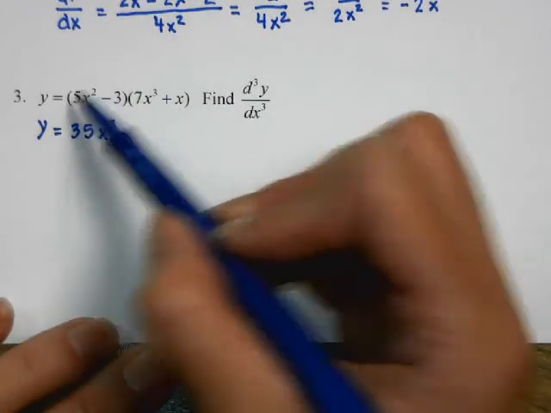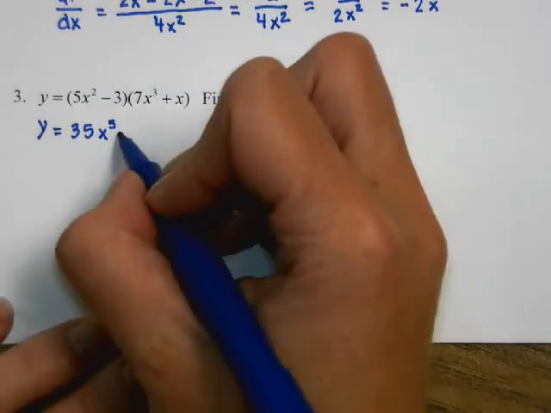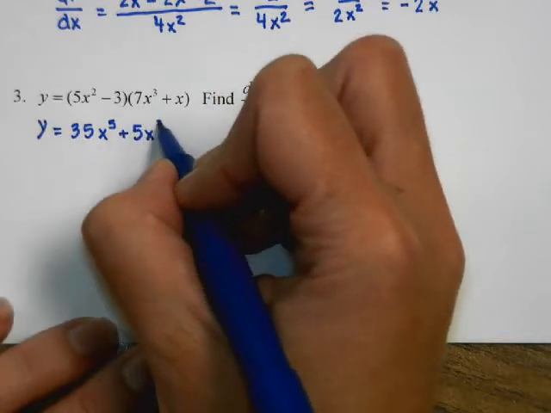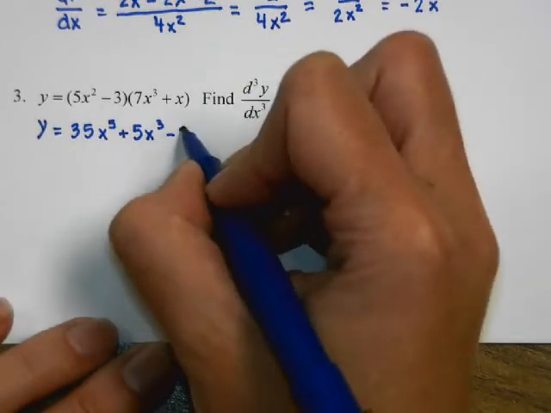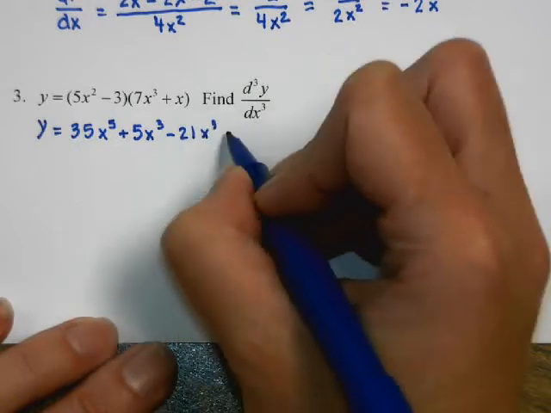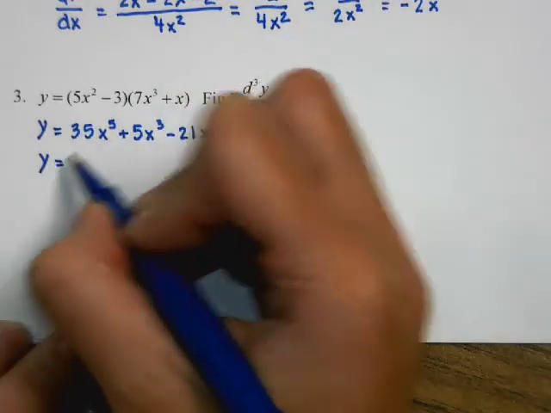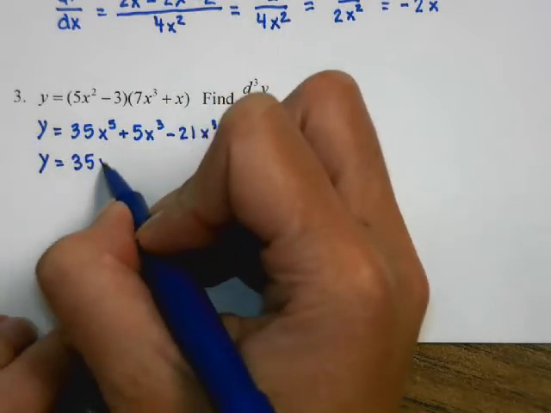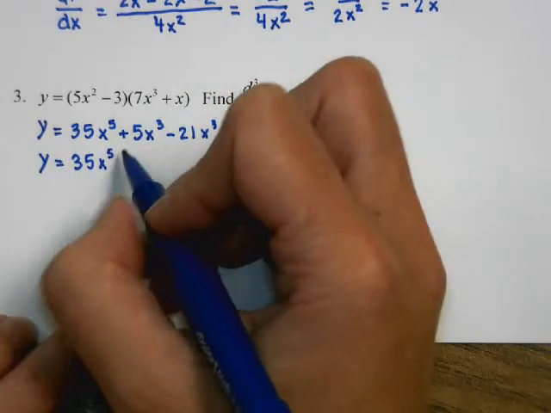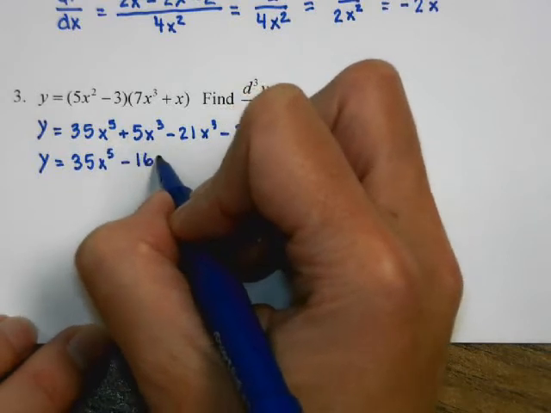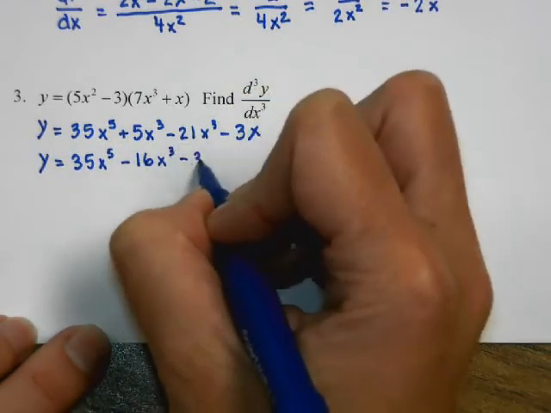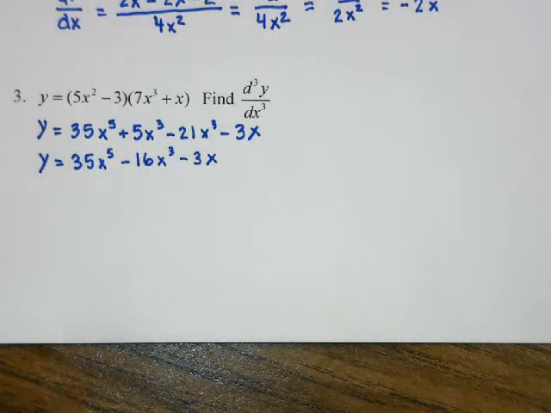We're going to have a 5x squared times an x, which will be a 5x cubed, minus 21x cubed, minus 3x. Again, you don't always have to simplify, but if you're going to be doing stuff with it, it is helpful to simplify.